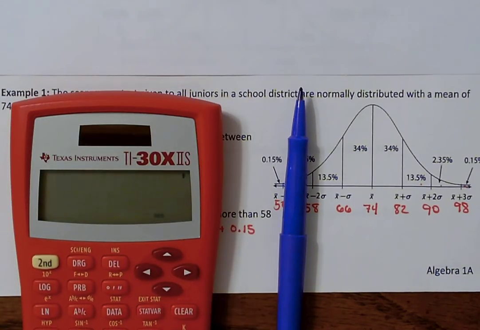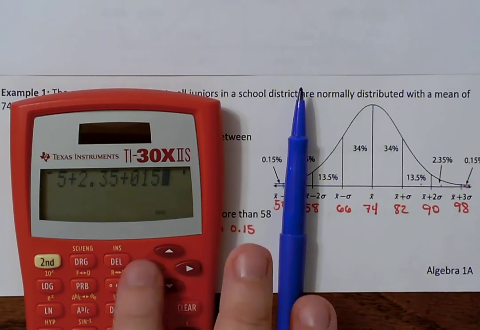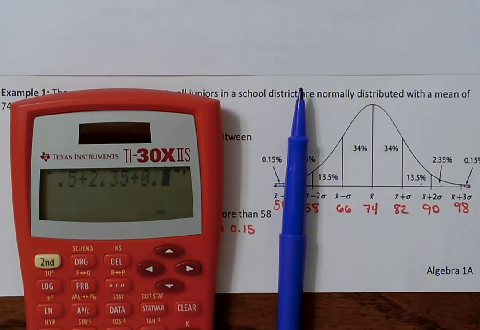So we get 13.5 plus 34 plus 34 plus 13.5 plus 2.35 plus 0.15. And I forgot the decimal right there.